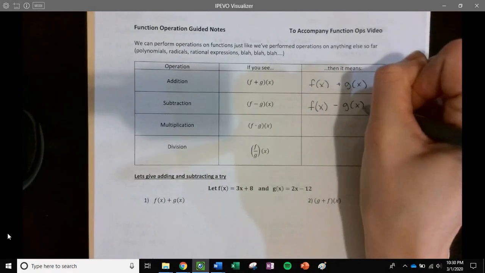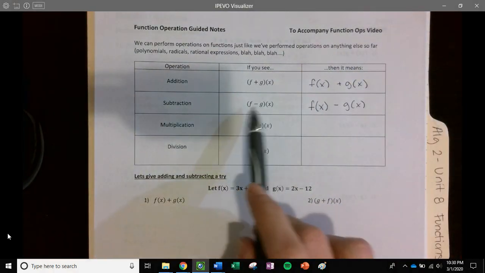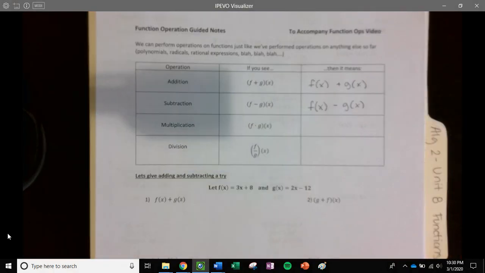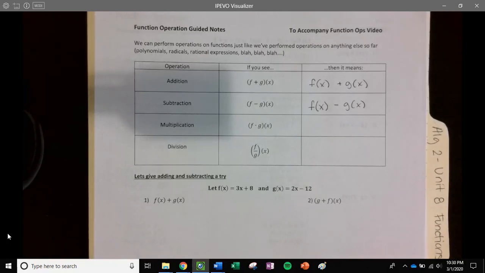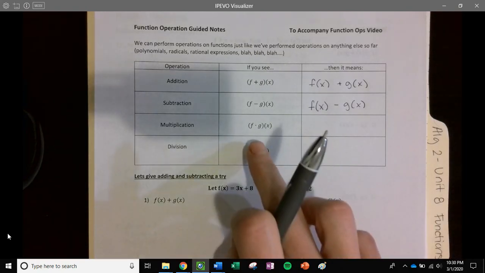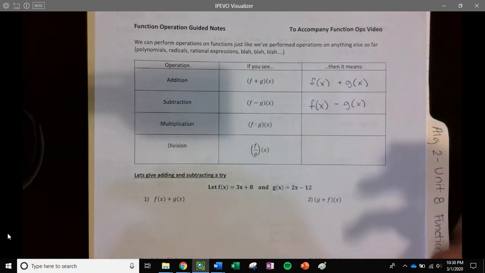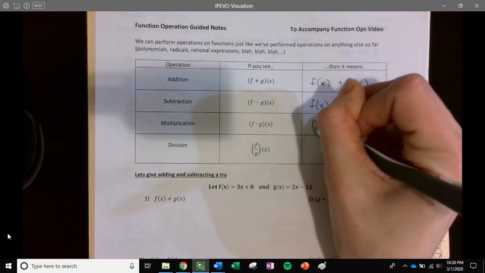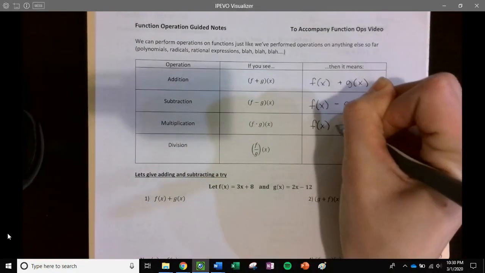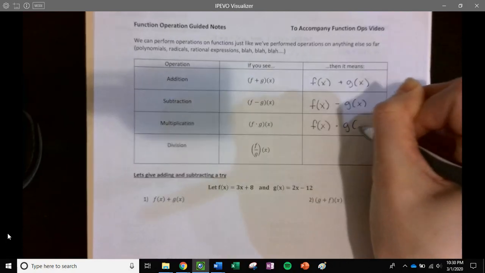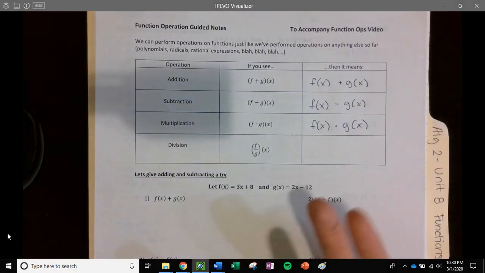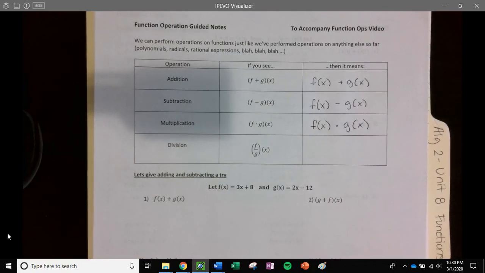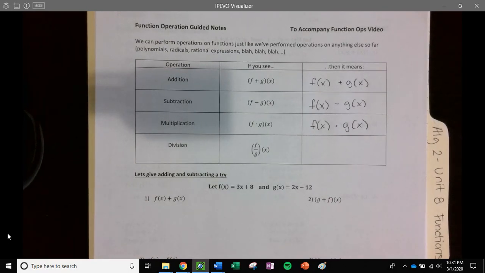It's important to pay attention to the order in subtraction because subtraction is not like addition, it's not commutative. You cannot get the same value when you switch those things around. So make sure you're paying attention to the order. Multiplication, however, doesn't matter. (f times g)(x) means f(x) times g(x), which you could flip to g(x) times f(x) and it would give you the same number.